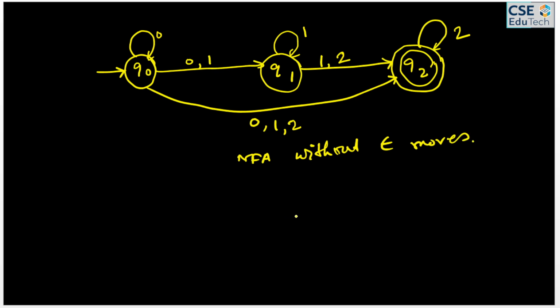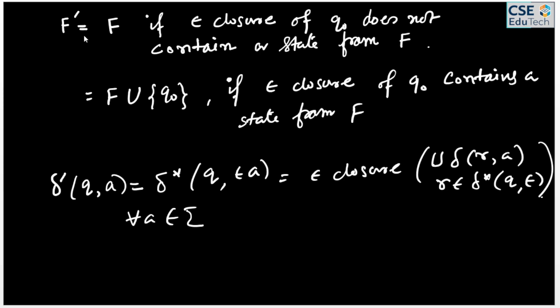Right? Now what will be the final state? As we have defined in the construction of this NFA without epsilon moves, F dash, the final states, will be F only if epsilon closure of Q0 does not contain a final state.